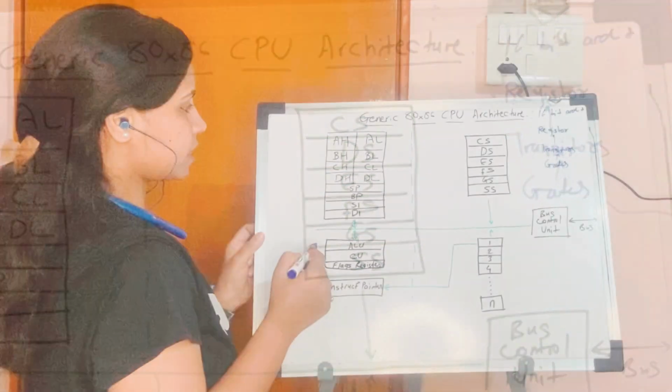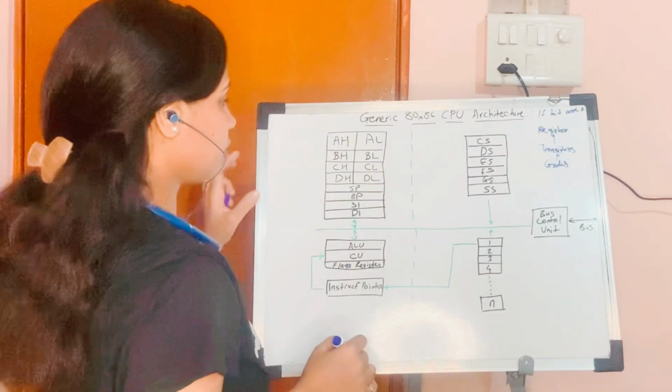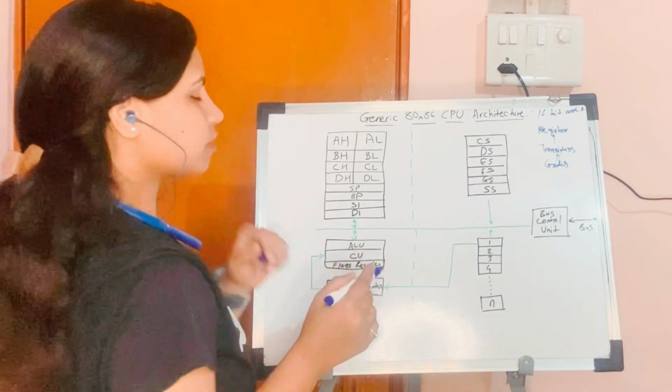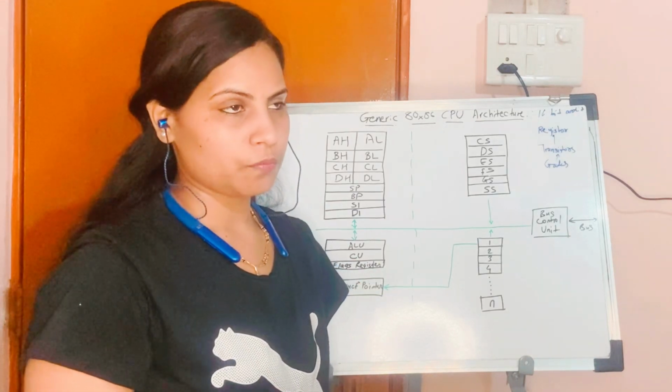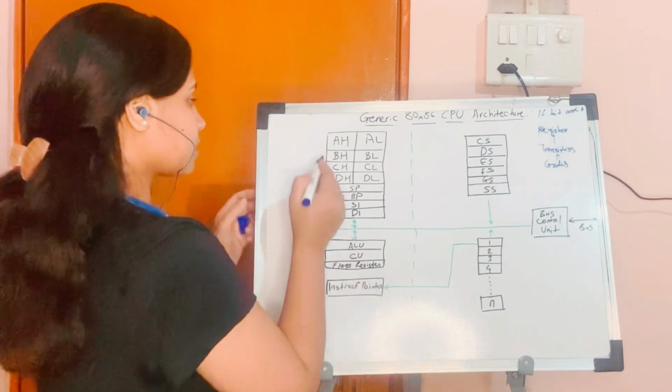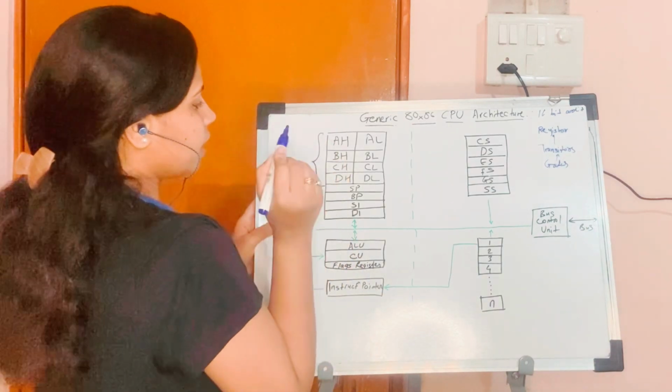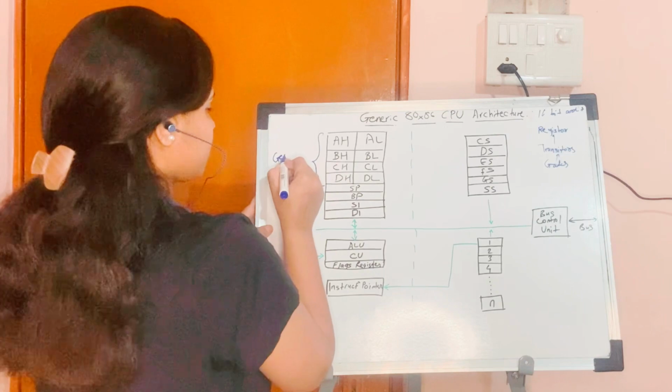Now we'll talk about registers. Basically there are 5 types of registers in CPU. First is this one, the general purpose register.